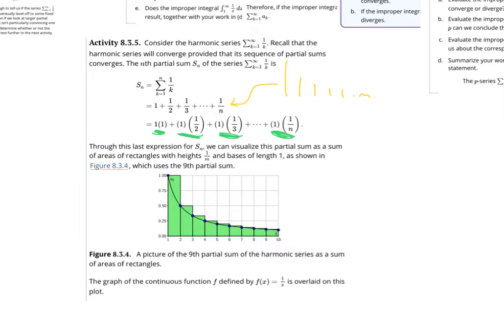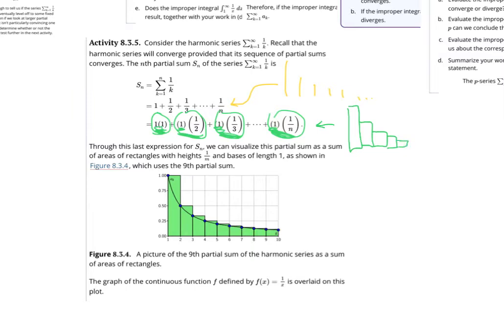Okay, so if we do that, that's length. But if we multiply everything by 1, it doesn't change the value numerically, but we can now interpret each of these terms as if it were the area of a rectangle rather than the length of a line segment. So when we think of this partial sum as areas of rectangles, then we're thinking of the base of each of these rectangles as being 1.